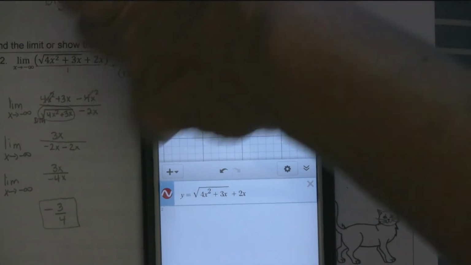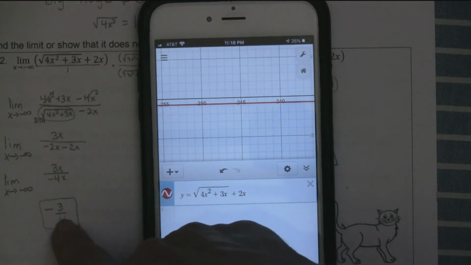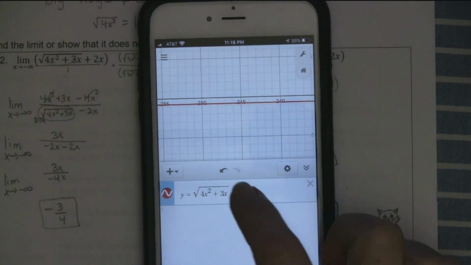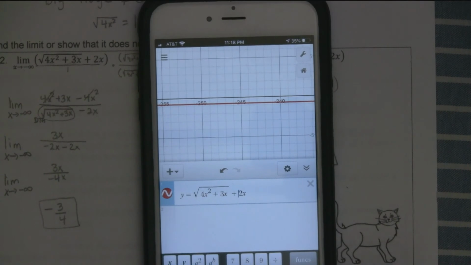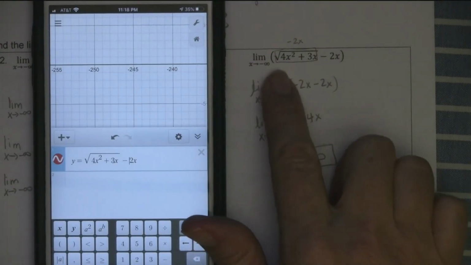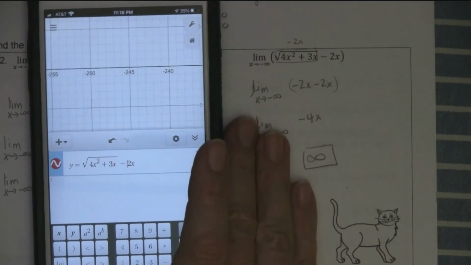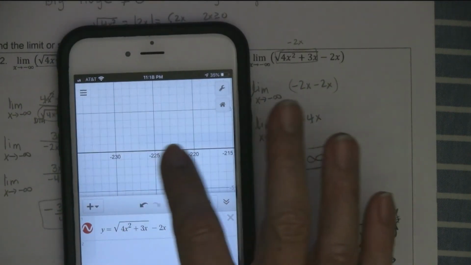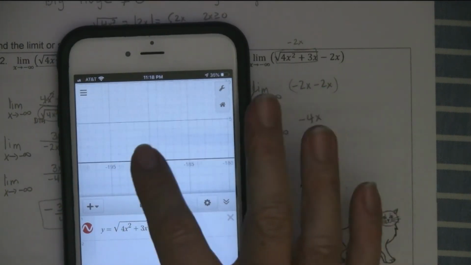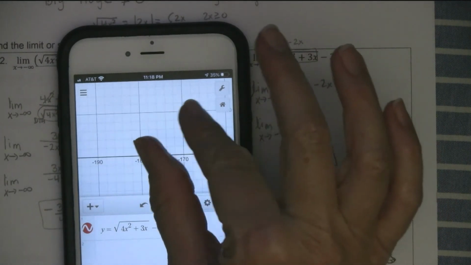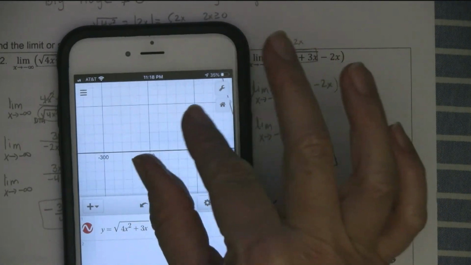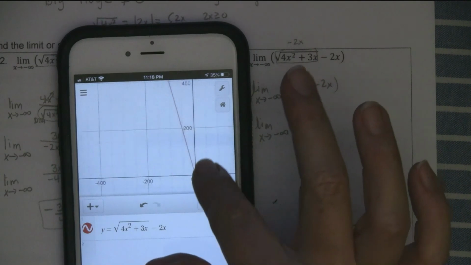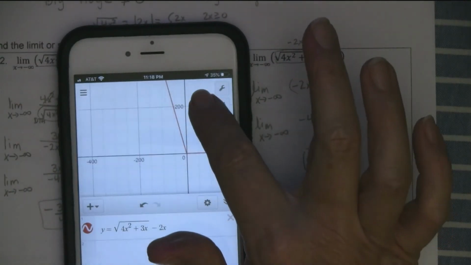And so as I go that way, I'm getting closer and closer to negative 3/4, like I said. Now, if I come over here and I edit this a little bit, and I put a negative in there, subtract, this one here. And remember, I said this one was going to infinity. So let's get over here and see if we can find the graph. So here it is, right?